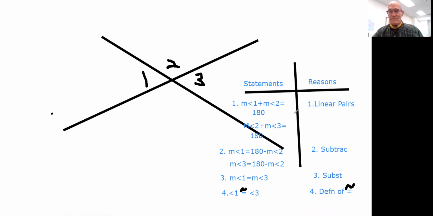You're looking at things that are fairly obvious. If you look at this situation, you can tell these vertical angles are equal, but now we have proved it. So you have a theorem which says vertical angles are congruent. If somebody tells you that two angles are vertical, then you know that they are congruent, and you don't have to prove that anymore.